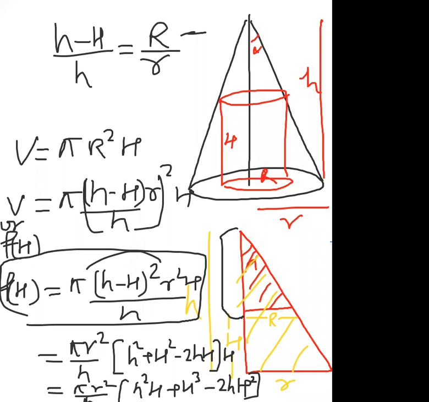In this we are going to put the value. So F(h), that is volume, equals pi (h minus h2) whole square r square h upon h.